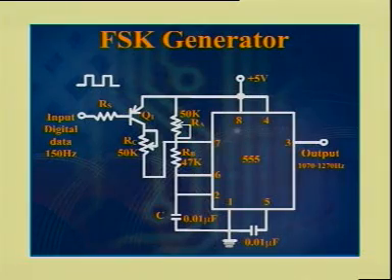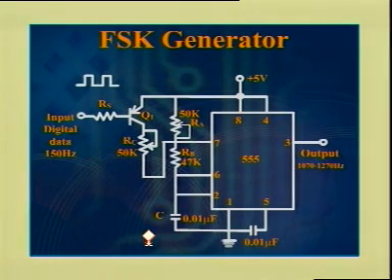Now let us consider that circuit. The FSK generator circuit diagram is as shown in figure. Here for the astable multivibrator, we have added some more circuitry across the resistor RA. Here to the base of the transistor Q1, the input digital data is applied, which is of the form zeros and ones.